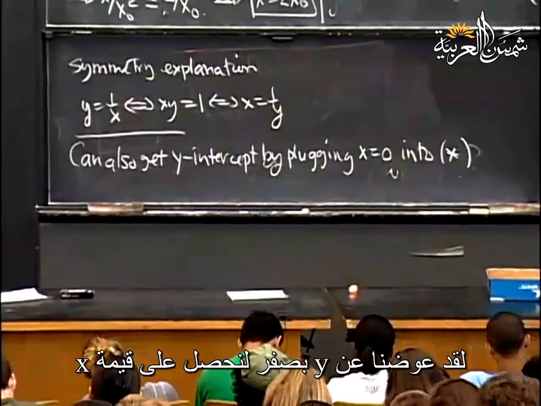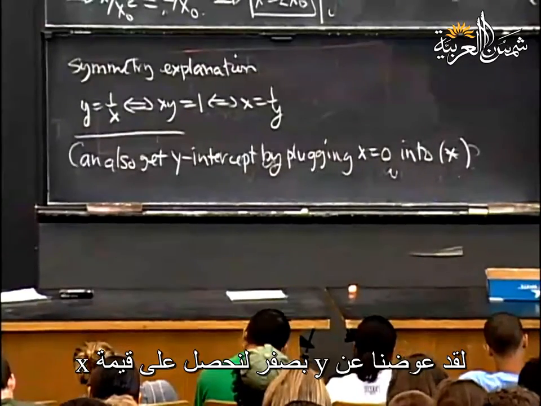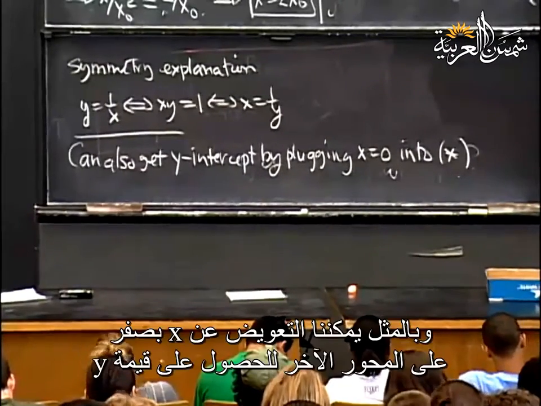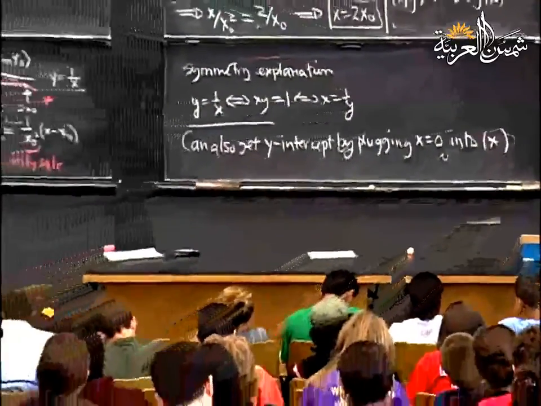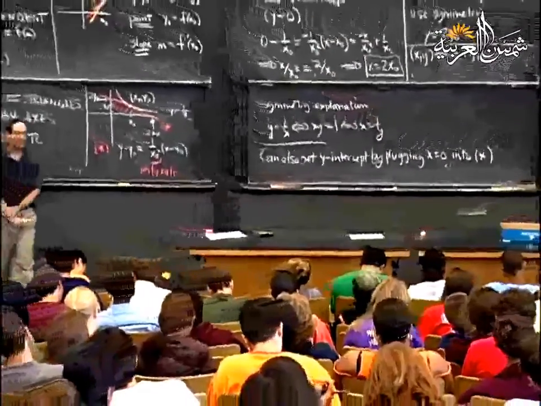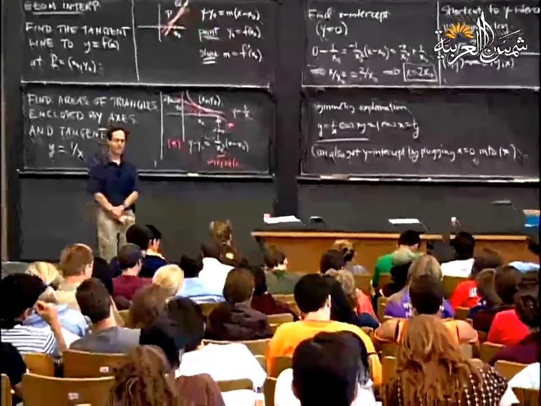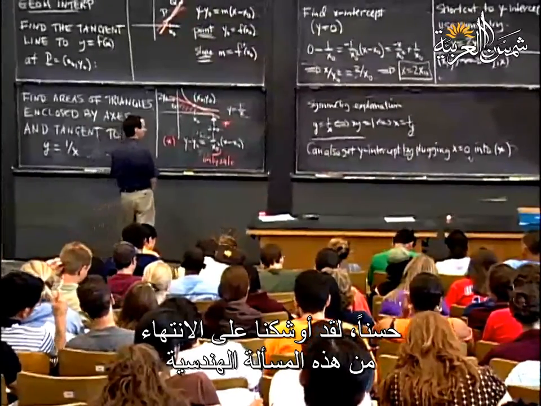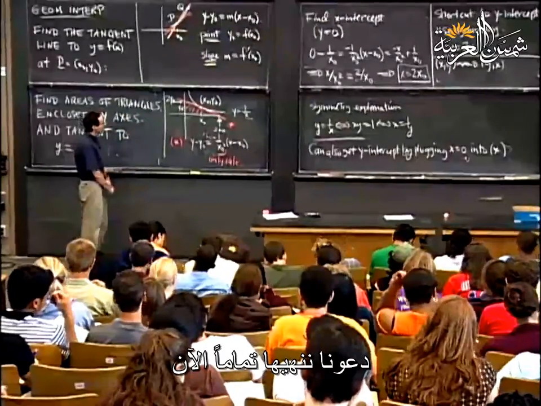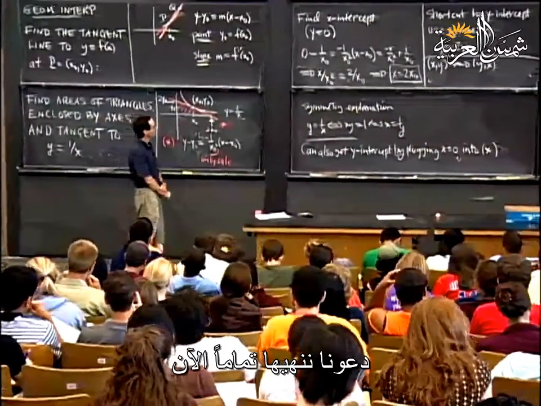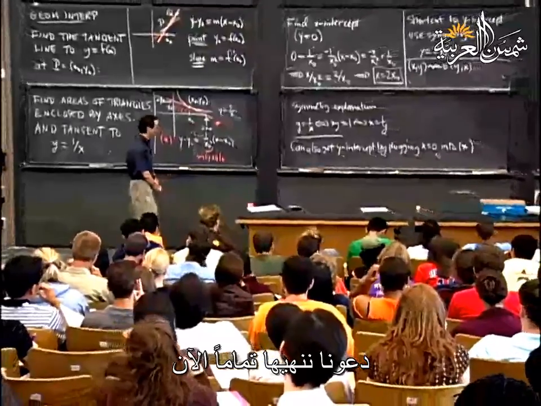We plugged y equals 0 in, and we got the x value. And you could do the same thing analogously the other way. All right, so I'm almost done with the geometry problem, and let's finish it off now.